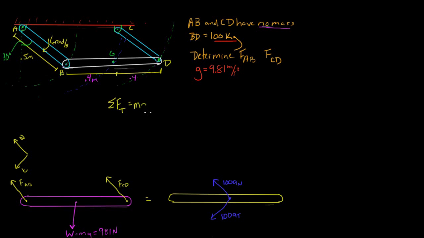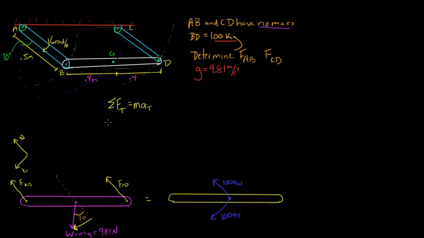Equals mass times the acceleration in the tangential direction. Well, the only force we have in this tangential direction is going to be this weight. This weight has some component that's in the tangential direction. So if this right here we know is 30 degrees, this becomes its tangential component of weight, and this is going to be the sine of 30.